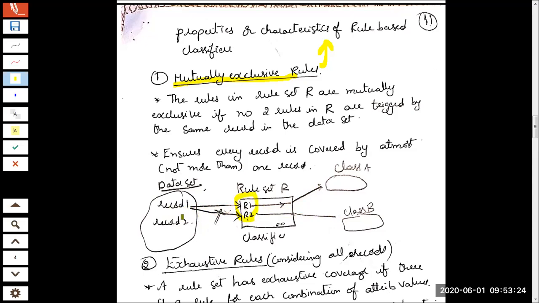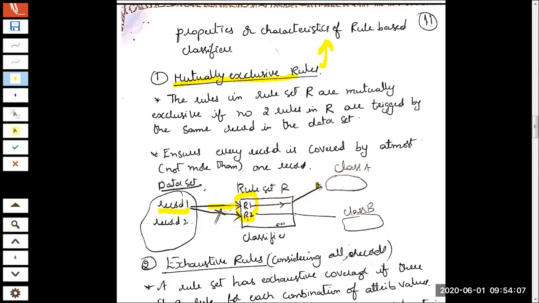For example, record 1 can trigger rule 1 and rule 2, provided both rules take it to one single class, that is class A. That is allowed, but the two rules should point to the same class.